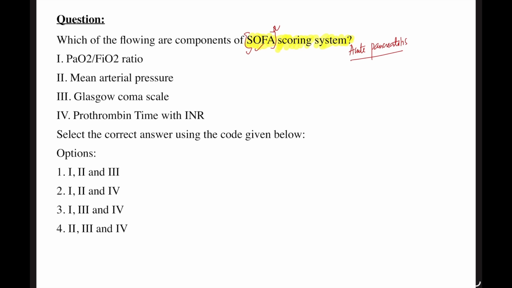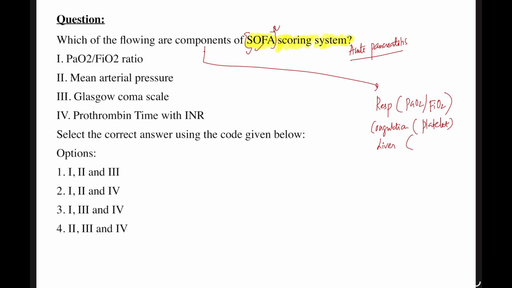The components of SOFA are: we check respiration with the help of the ratio of partial pressure of oxygen to fractional inspired oxygen. In coagulation, we don't check PT with INR; we check only platelet count. For the liver, we check serum bilirubin.